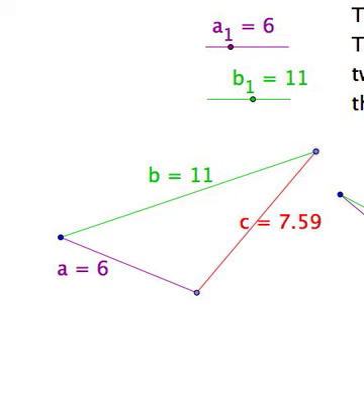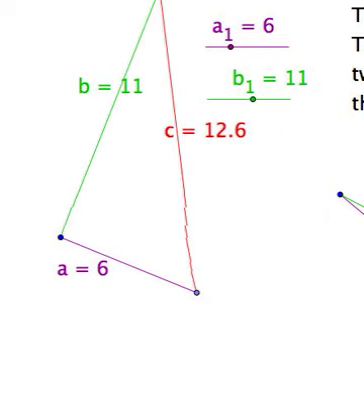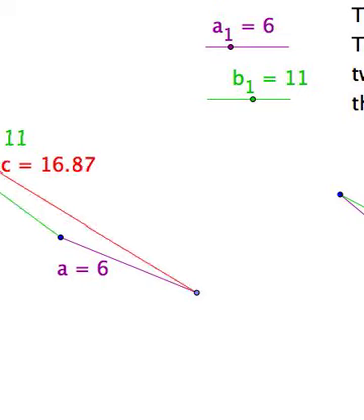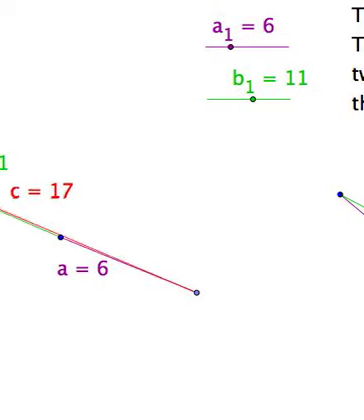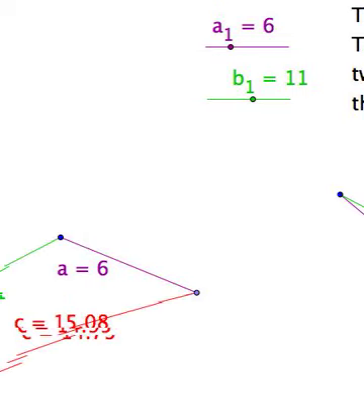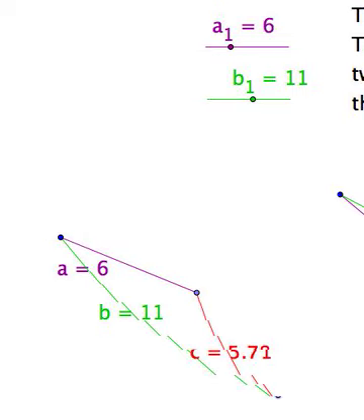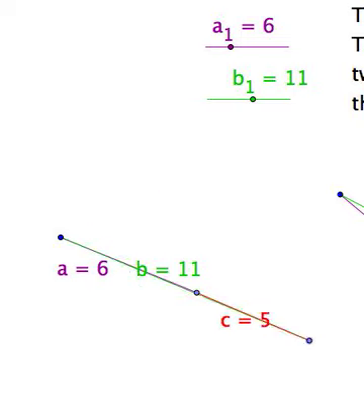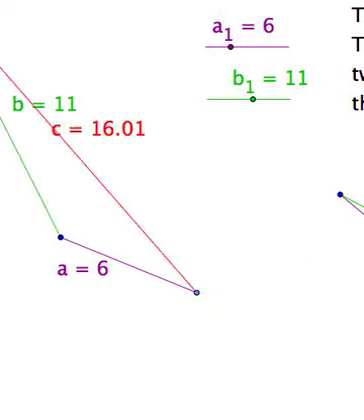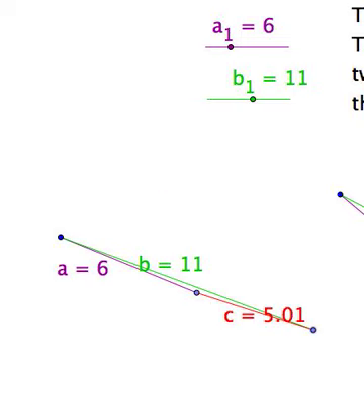So let's spin this thing around. And you spin it around and you notice that as I make a straight line, notice it's gone off the screen, but notice C is 17. And if you keep swinging it around, the smallest it could be is 5. And we don't make a triangle at 5 anymore, we make a straight line.